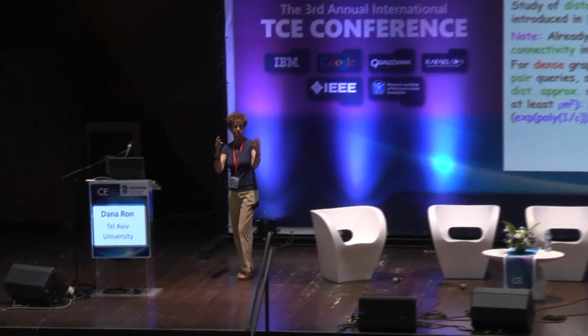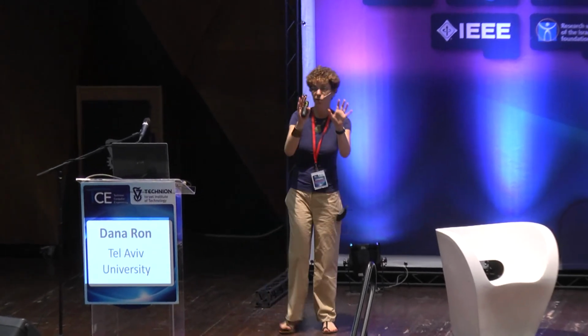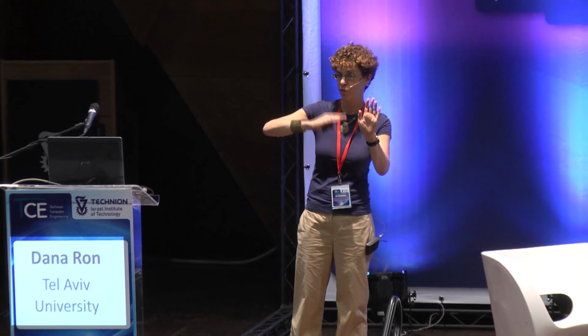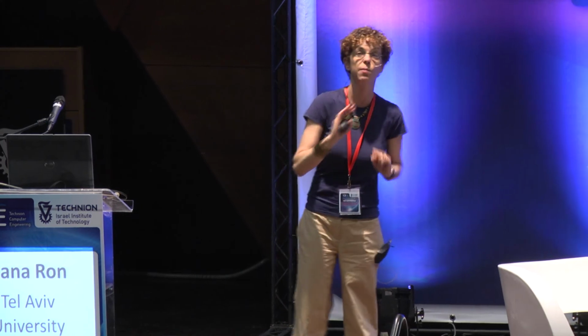For example, you can estimate the number of edges that have to be added in a dense graph to get a large cut. Remember, this is a hard problem related to max cut, but here we can do this very efficiently.